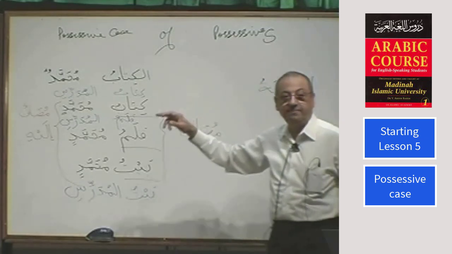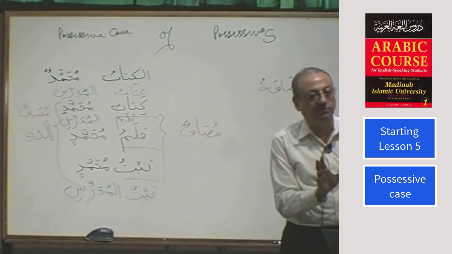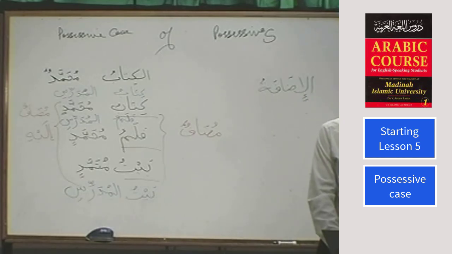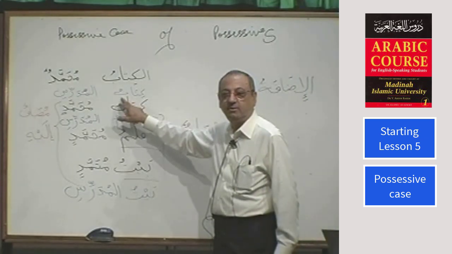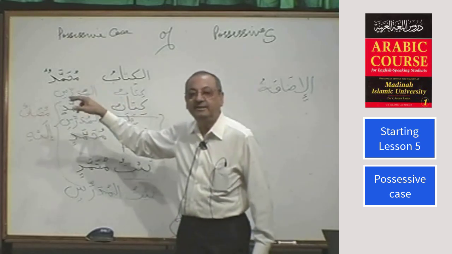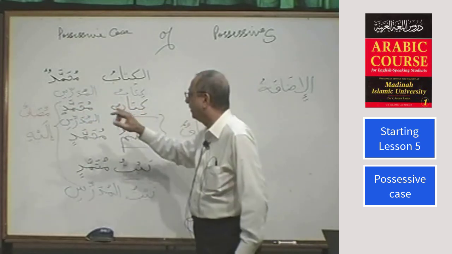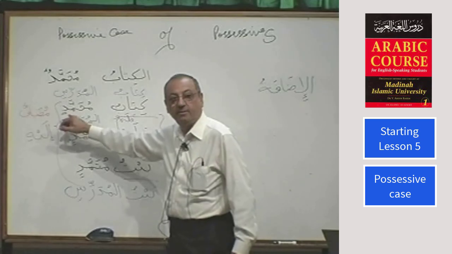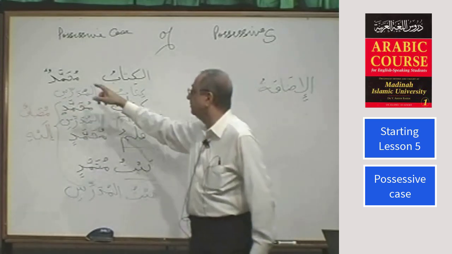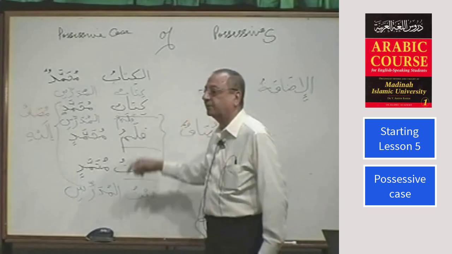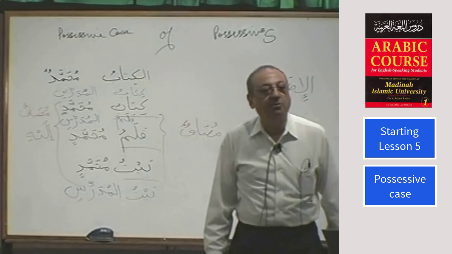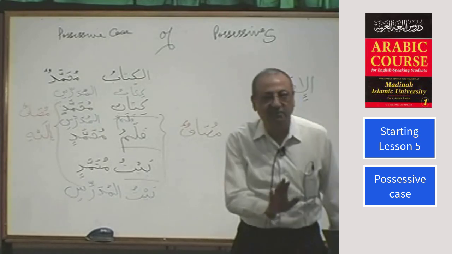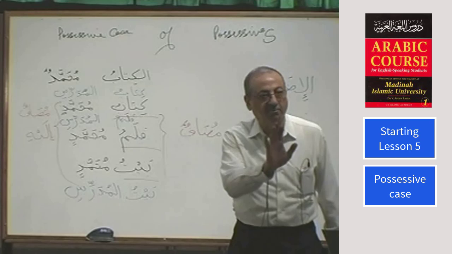But in Arabic, we have these two nouns, book and teacher, or book and Muhammad. You will say Kitabul Mudarrisi. Or if it has tanween, Muhammadun, it will become Kitabu Muhammadin. Are you with me? Kitabu Muhammadin.